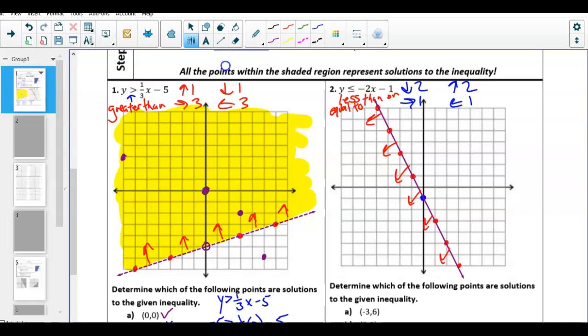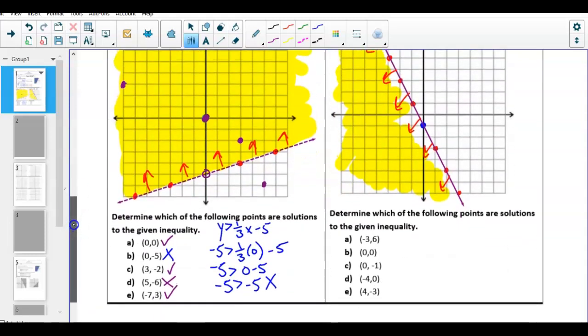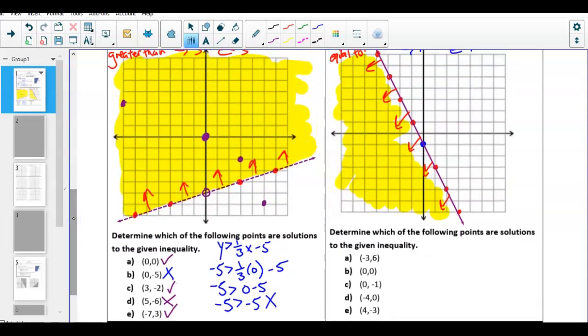And me drawing the arrows is not really necessary. You don't have to do that as well. I'm just helping you see what direction we're going to shade. So I'm not going to shade all of it. I'm just going to roughly shade this. That is everything below that line, including the small areas I missed. And then again, it asks us to determine which of the following points are solutions and which are not.